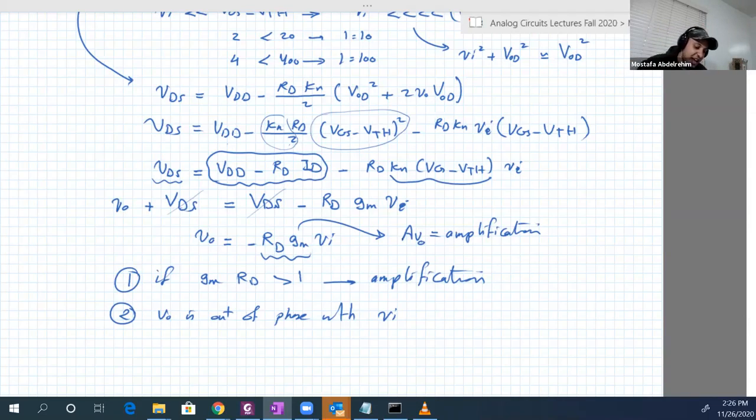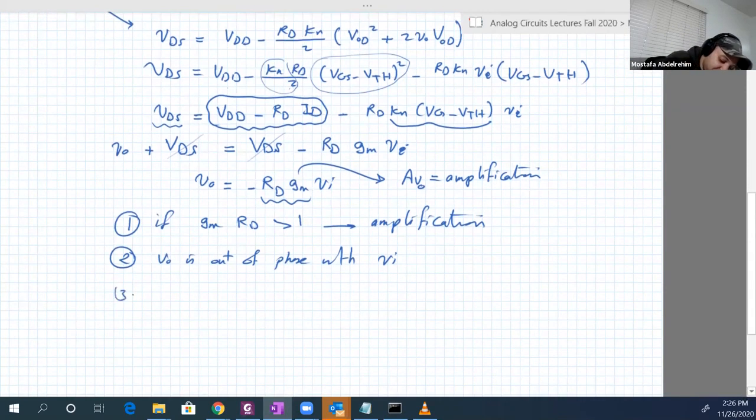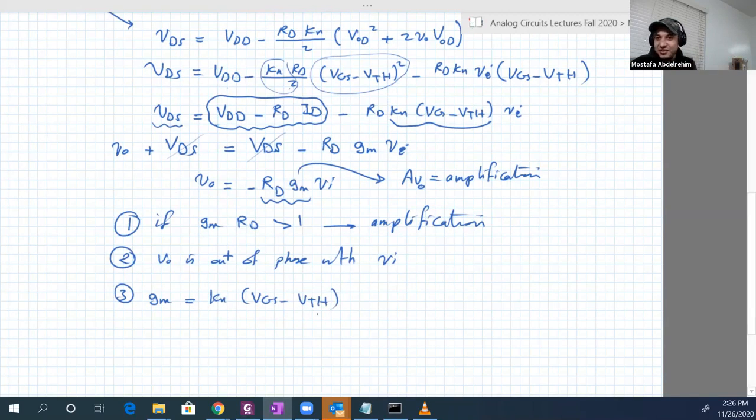And now this mysterious term gm, which is equal to Kn (VGS minus V threshold). This is just like gm of the BJT, although of course it has a different equation to be evaluated based on.